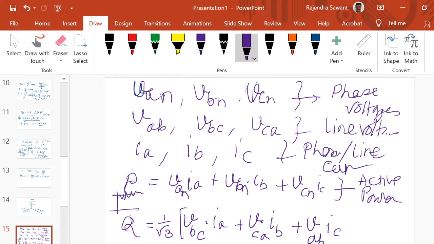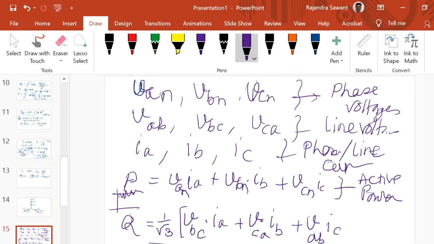This is the line voltage and the line current: multiplication of the line voltage BC and the phase or line current IA, and similarly here. So you calculate three products of instantaneous quantities, take their summation and divide by root 3. 1 upon root 3 is basically 0.57735.